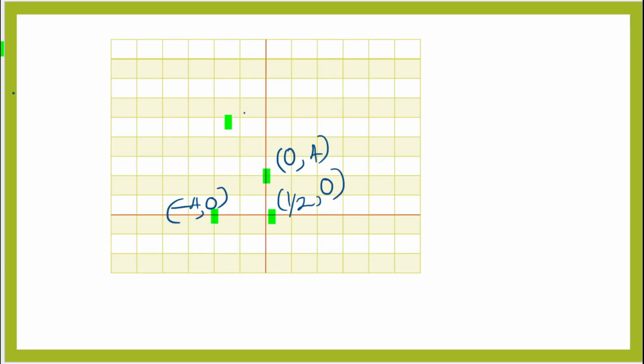Now the turning point is (minus 7 by 4, 81 by 8). Now sketch the parabola by freehand.